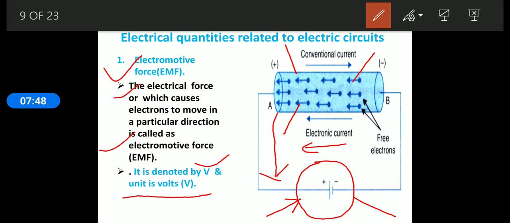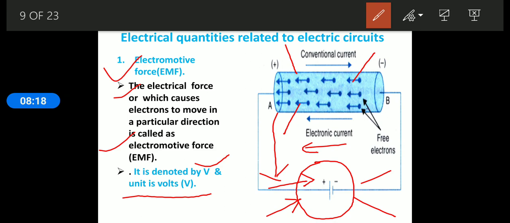Electrons are attracted toward the positive terminal of the external DC source. That is, electrons move in a particular direction through the conductor, and these electrons flow due to the electrical force of this external DC source.